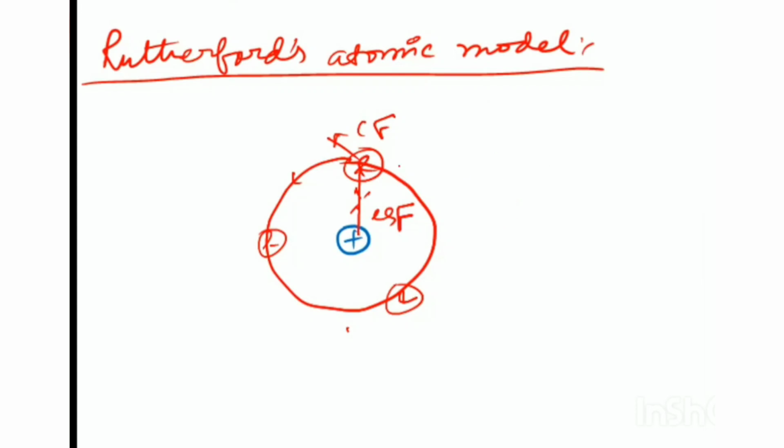This theory has some drawbacks. Maxwell said that if any charged particle is moving, then it continuously emits energy. So if it emits energy, what will happen? It will spiral inward because its energy is decreasing continuously.